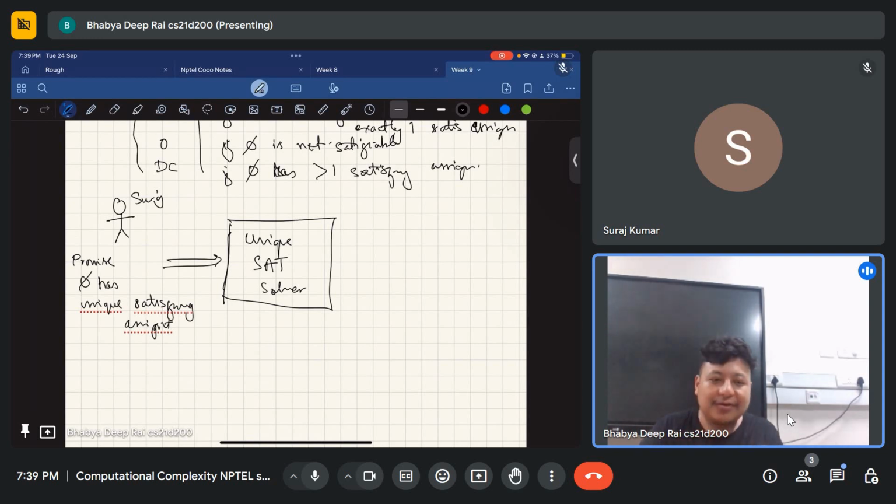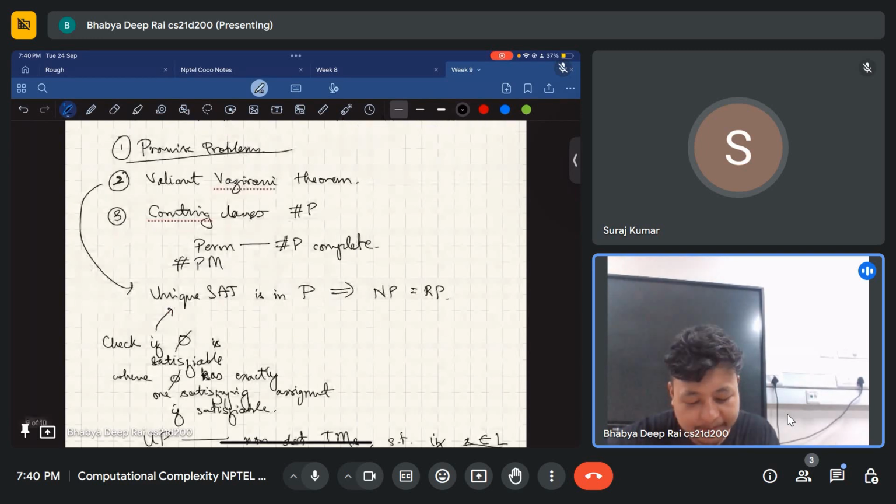So the problem is not to check whether it has a unique satisfying assignment or not, but to check whether it has a satisfying assignment or not, given that I already know it has a unique satisfying assignment if it exists. Do you understand the distinction here, Suraj? Yes, I understood. Okay. So there is a promise already involved.